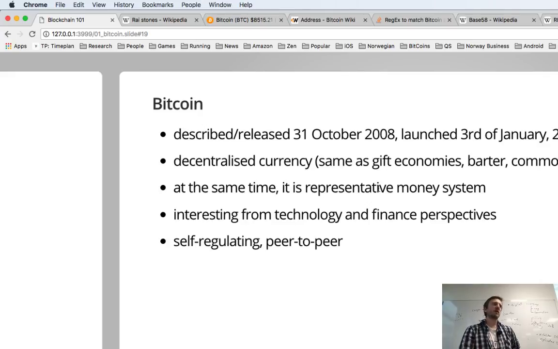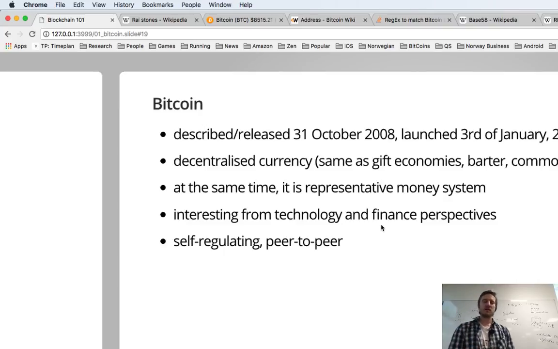People who are using it have to agree what that value is. No central authority gives it a value. So it's exclusively driven by perception and by people agreeing on the value. If all the people agree that Bitcoin is worthless, the price will be zero, right? It is very interesting from technology, finance, and social mechanics aspects.